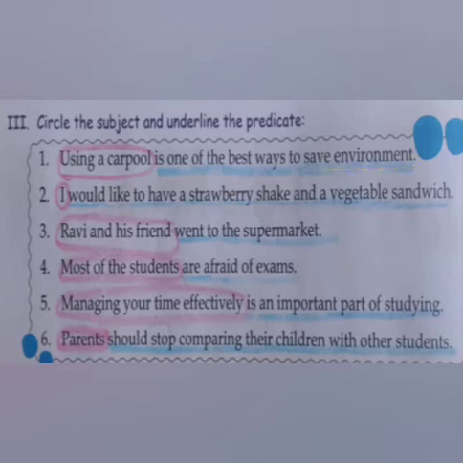Number 2, I would like to have a strawberry shake and a vegetable sandwich. So I is the subject and the rest of the sentence is the predicate. Number 3, Ravi and his friend went to the supermarket. So Ravi and his friend is the subject and the rest is the predicate.